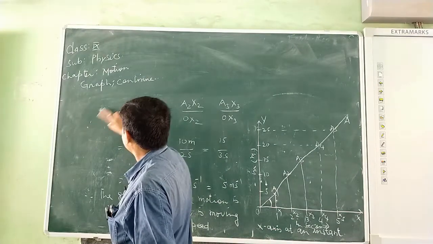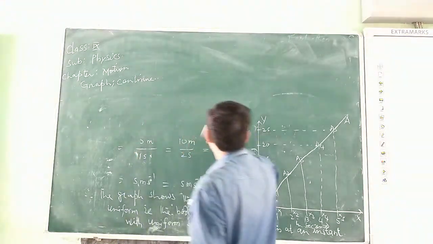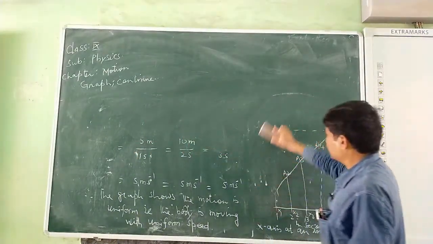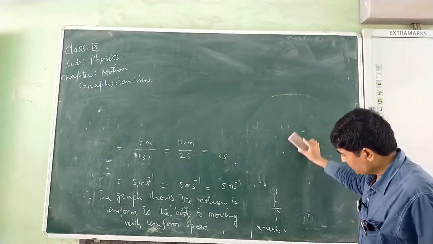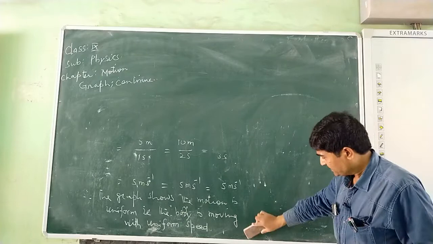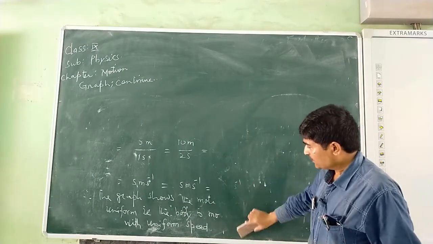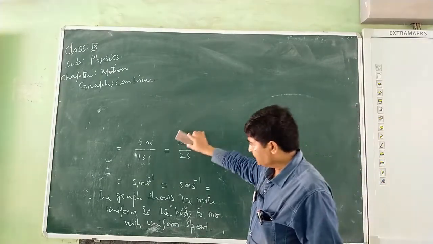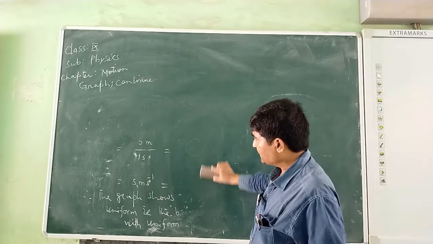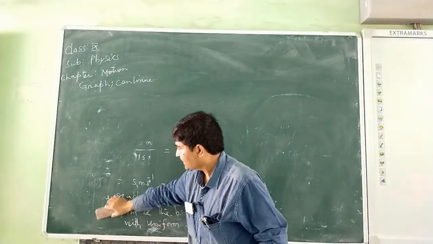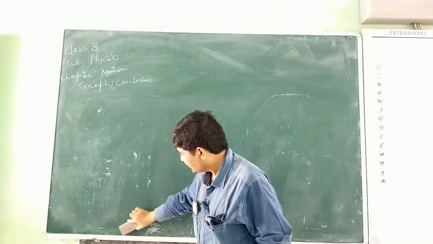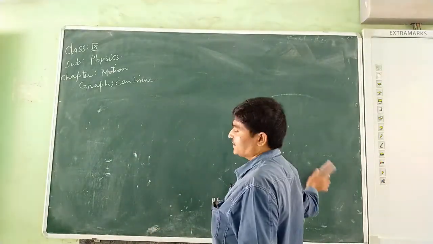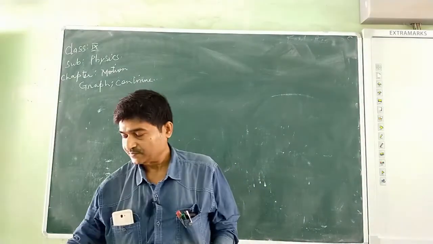Now we will study another type of graph, a speed time graph. In the same way, a speed time graph may be defined as the graph plotted between speed and time, like the distance time graph plotted between distance and time.